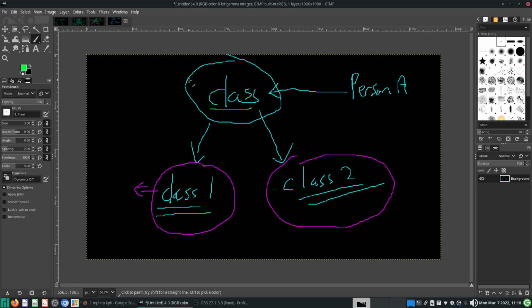Let's say this class here will help you calculate the cost of a chicken burger, right? So class 1 will help to calculate. To know the cost of a chicken burger, you need to know how much a chicken patty may cost.